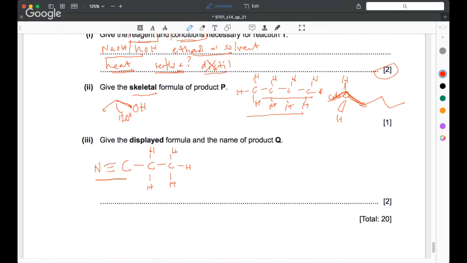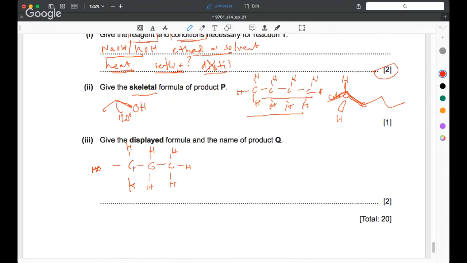Now, if that wasn't that group, if you just had on the end here, just for the sake of argument, a carbon atom and an OH group, you'd have no problems in naming that, would you?